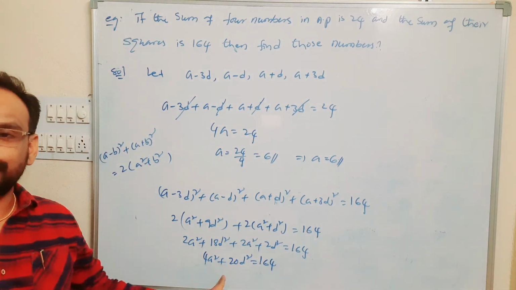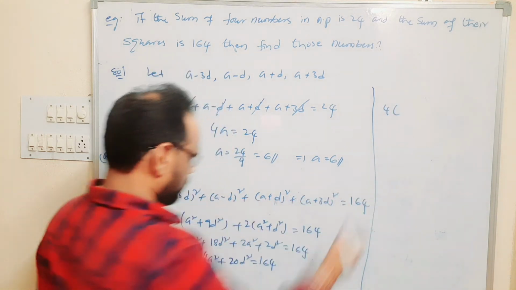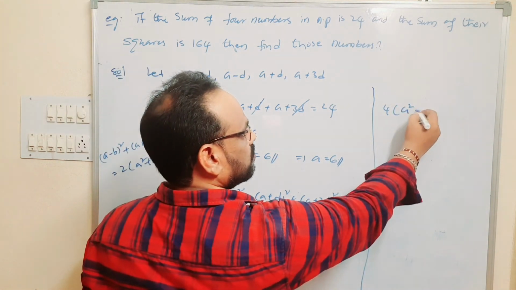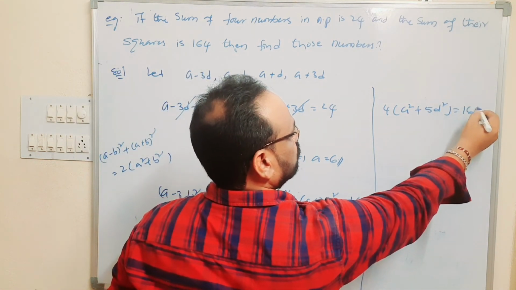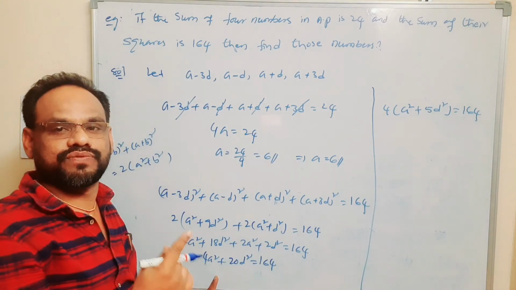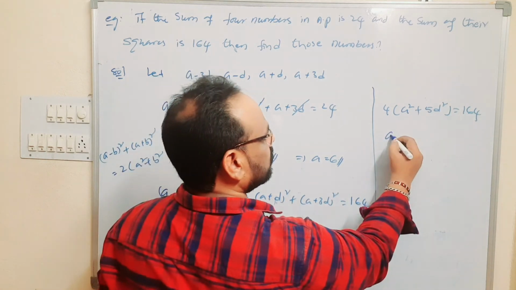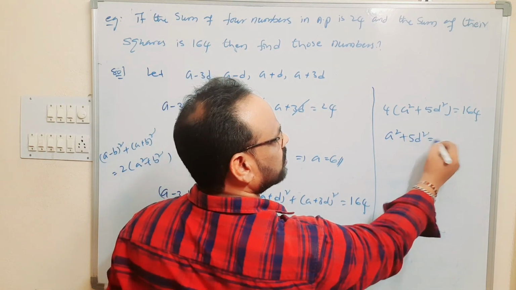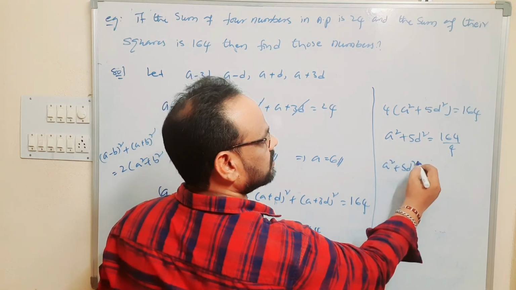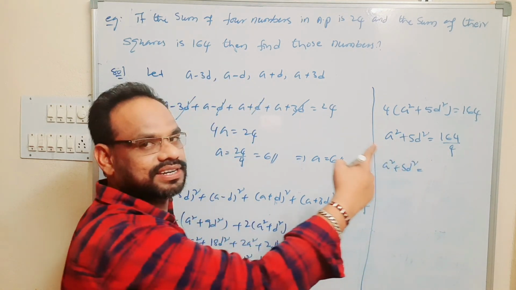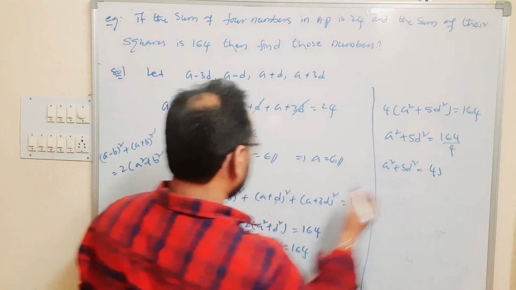If you take 4 as common, 4 into a square plus 5d square is equal to 164. If you transpose 4 from LHS to RHS, it becomes a division. So a square plus 5d square is equal to 164 by 4, that is 41.